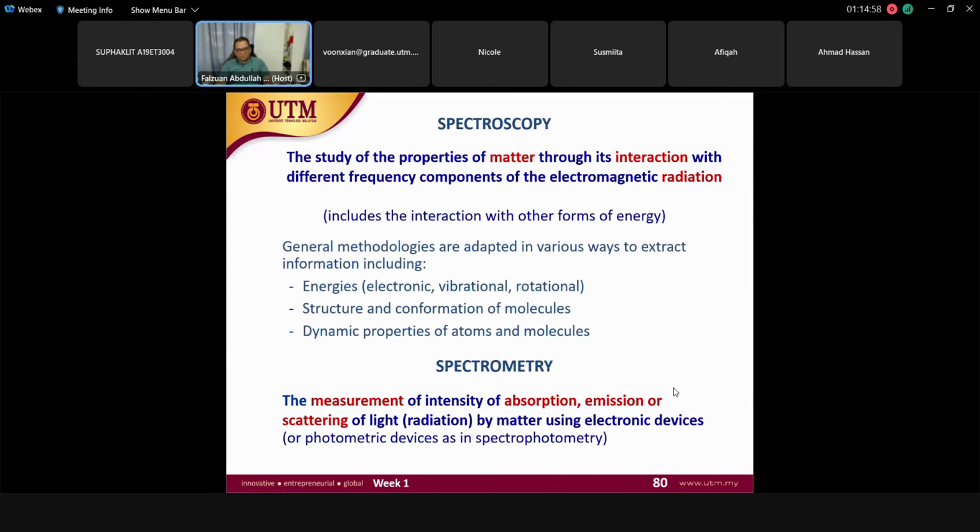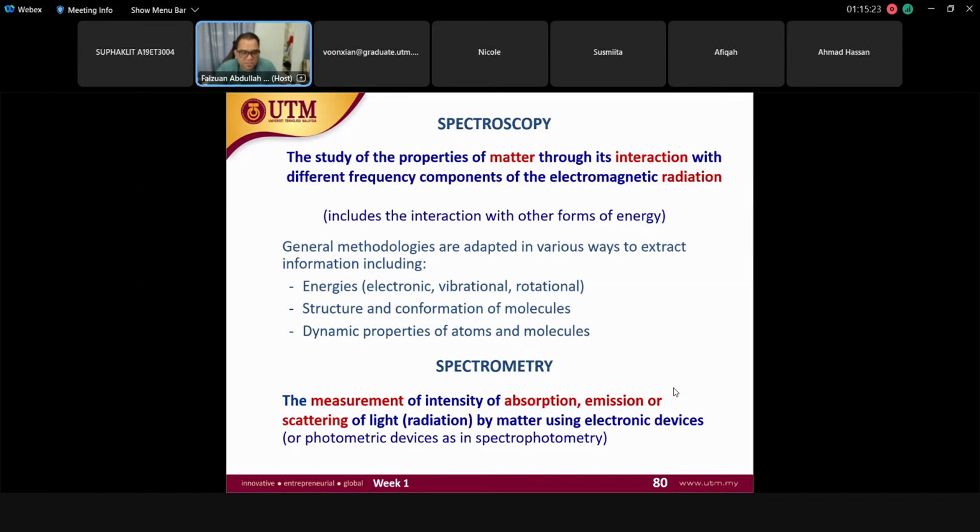So what we can say is that spectroscopy is a study of the properties of matter through its interaction with the different frequency components of the electromagnetic radiation. It includes the interaction with other forms of energy. The general methodologies are adapted in various ways to extract information, including the energies. We're measuring the different energy, the absorption, and so on.